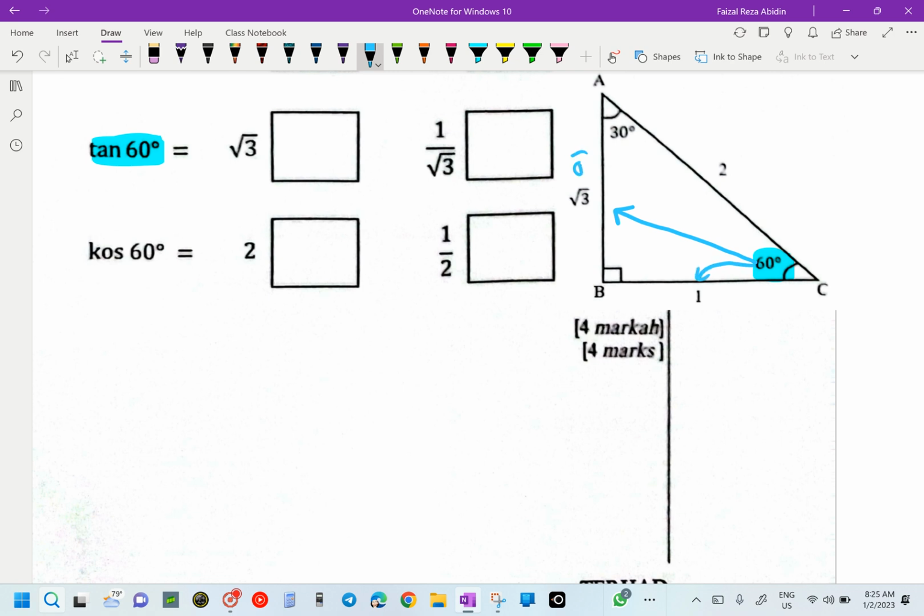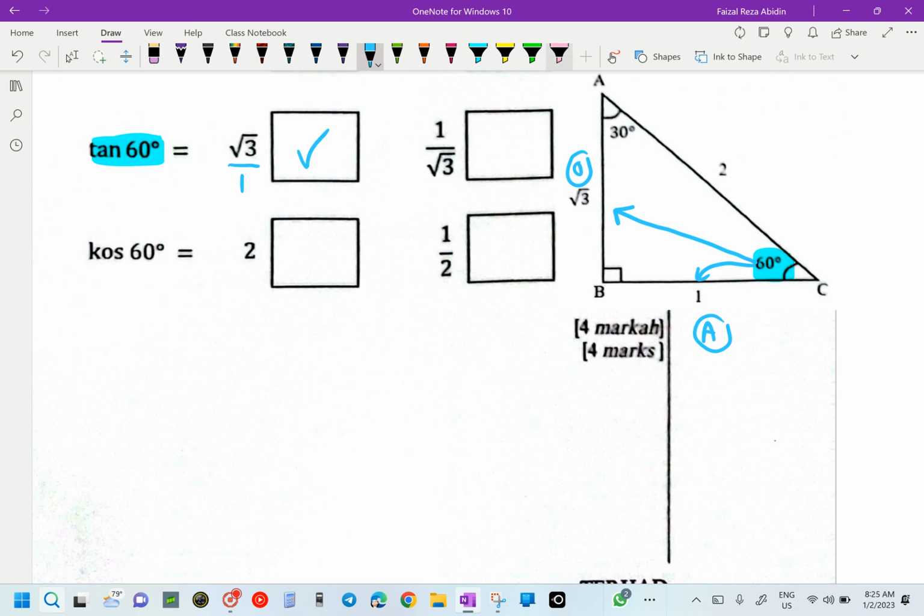This is opposite, this is adjacent. Square root of 3 over 1, isn't it? There's no answer, teacher. The choice is 1 over square root of 3. Actually, anything divided by 1, you are going to get that number, isn't it? So the answer will be the first box over here.